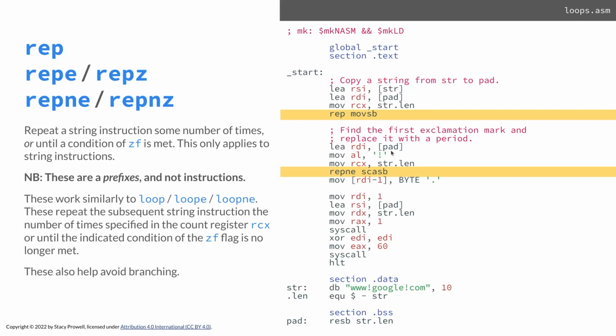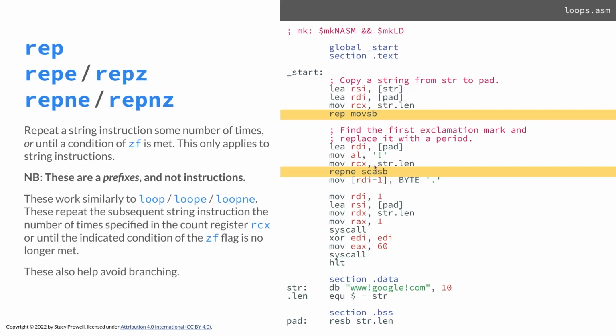Down here I load the address of pad into RDI. I load an exclamation mark into AL. Has to be AL. I load the length of the string into RCX, and I call scasb, and that gives me back the address of the first occurrence of an exclamation mark in that string.